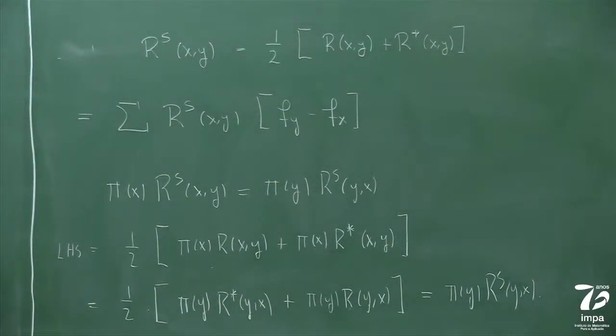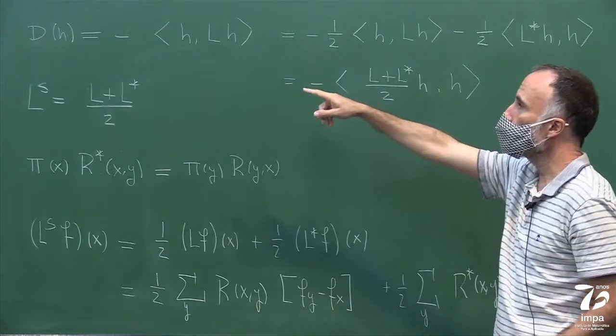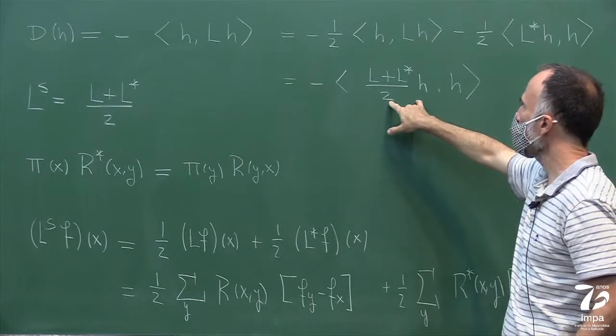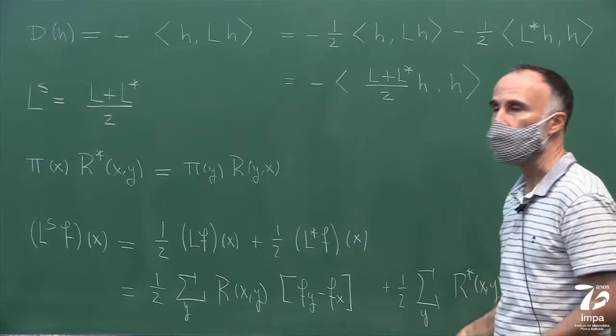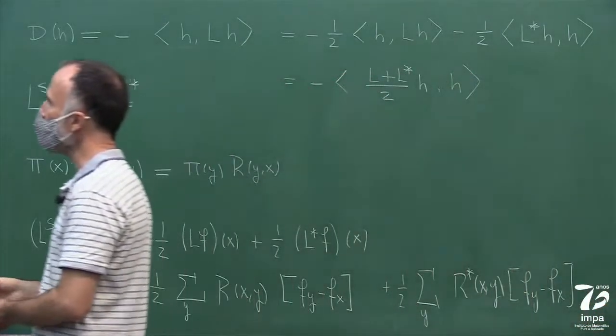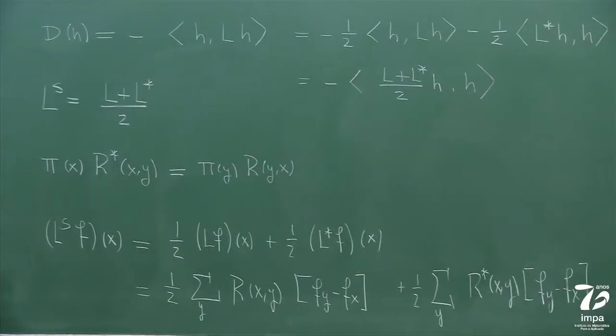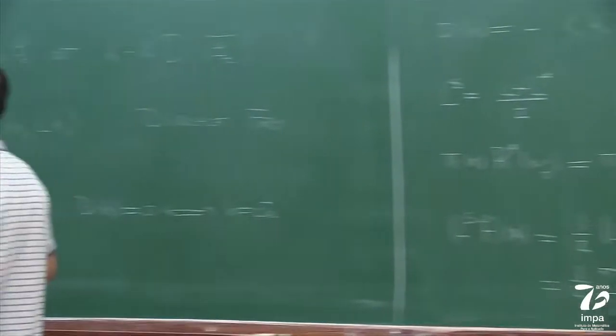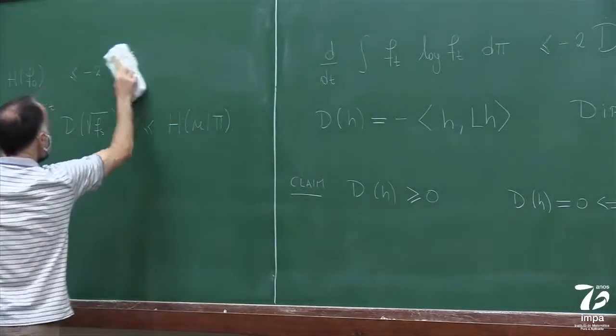And what we have here is that the Dirichlet form of h is equal to minus h times the symmetric generator applied to h. And with this identity and the detailed balance condition, we will be able to show that the Dirichlet form is positive.